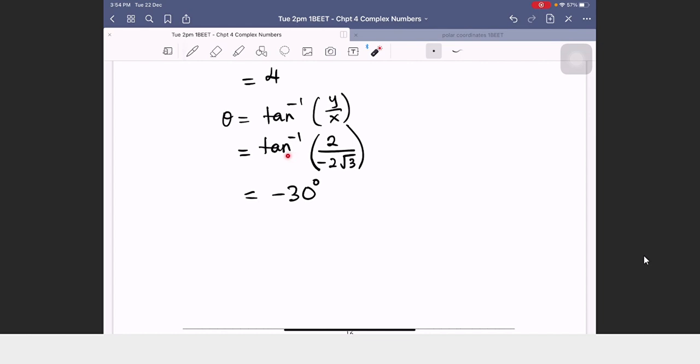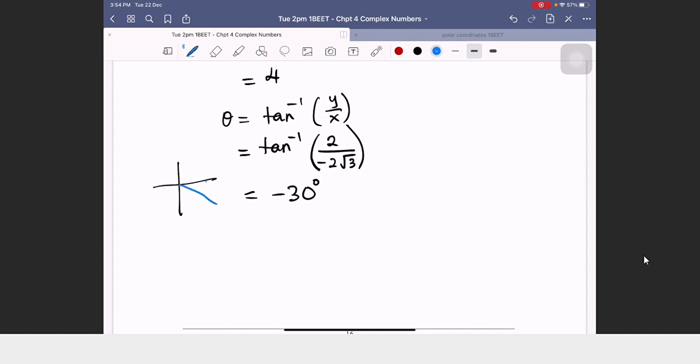Which means if you use the calculator to compute inverse tangent, if this value here is negative, the calculator will give you an angle in quadrant 4, minus 30 degrees.